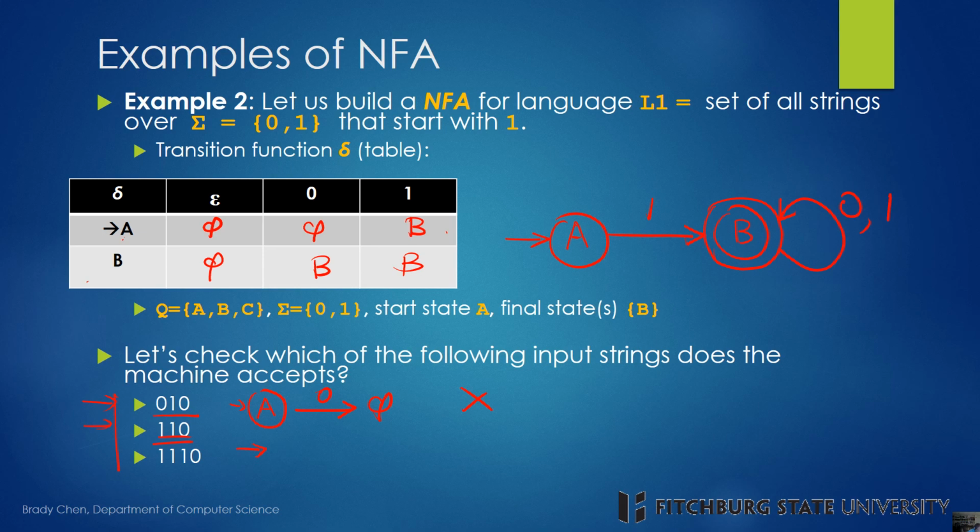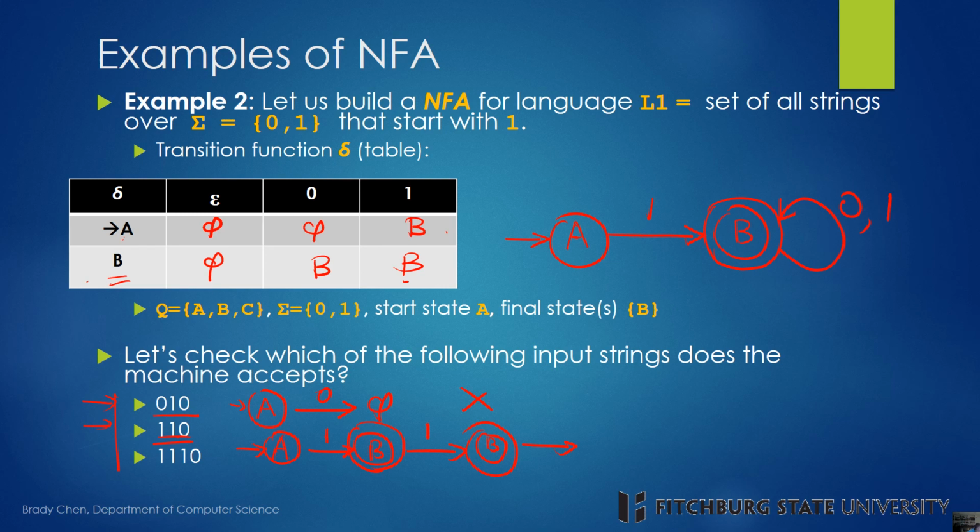Now let's take a look at the second one: 1, 1, 0. The starting state is A. If the input is 1, you go to B, which is an accepting state. But we're not going to stop here because there's more input. The next input is 1. The current state is B, input is 1, it stays in B, right? And then the next input is 0, right?